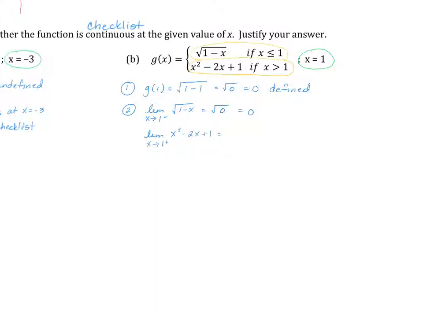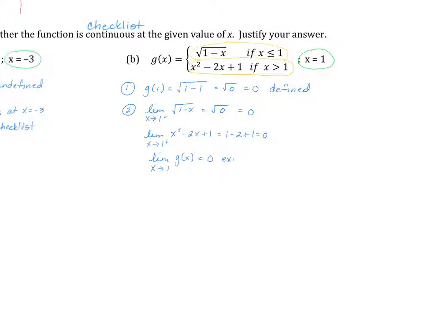Okay, so that's going to be 1 minus 2 plus 1, which is 0. So notice that coming in from the left and coming in from the right, I have the same limit. So I can conclude that the limit as x approaches 1 of, now I can just put in the generic g of x, is equal to 0.